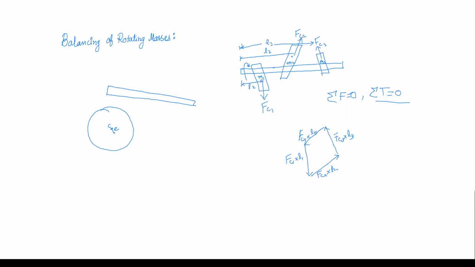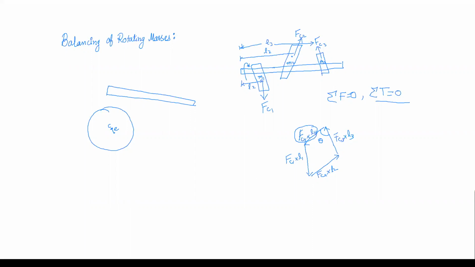This means that if we generate this torque from somewhere, then the whole system will be in equilibrium. Or we can say that if we use this Fc4 at a distance L4 at this particular angle from this force, then we can bring the whole system into equilibrium.